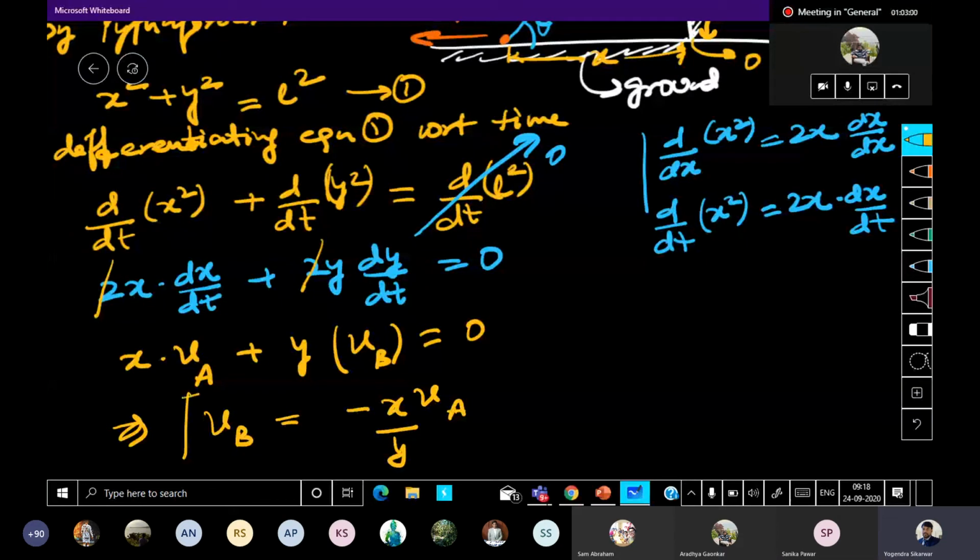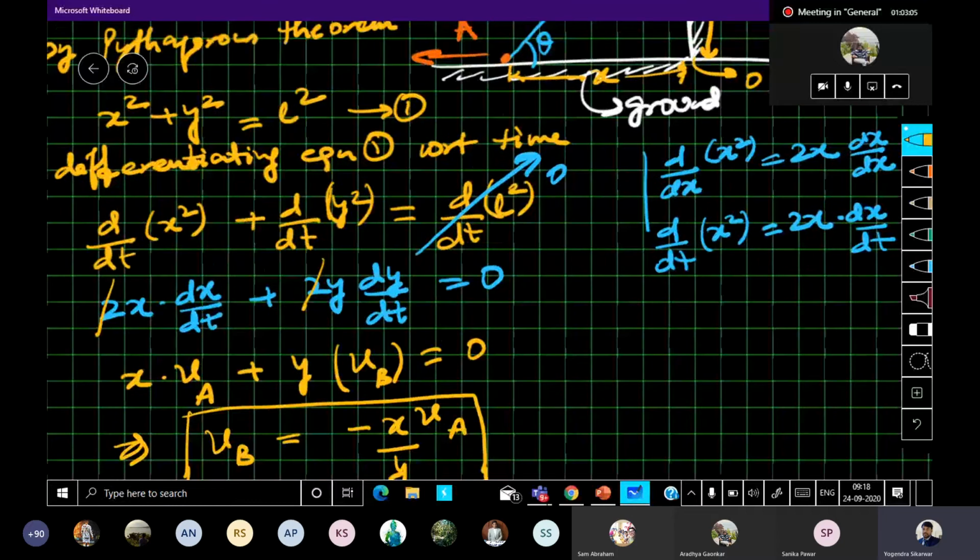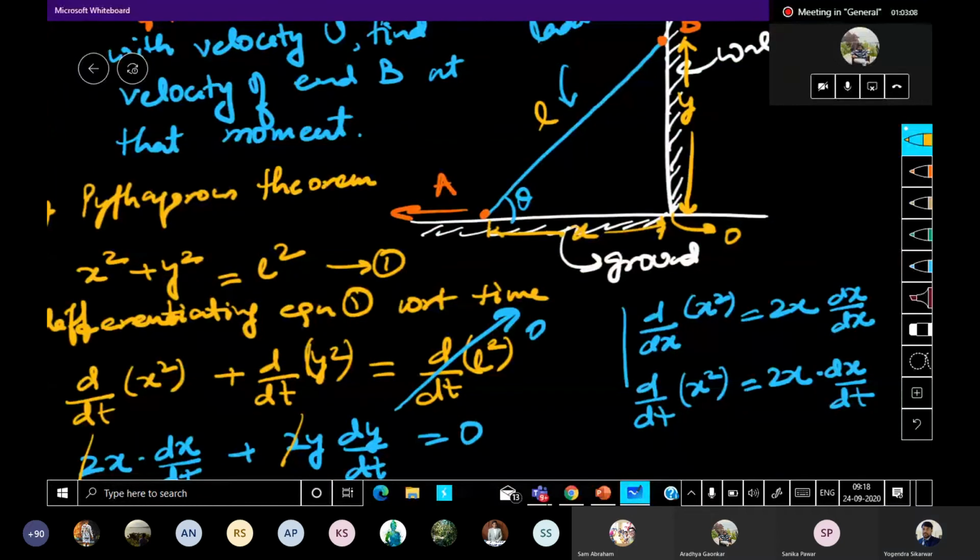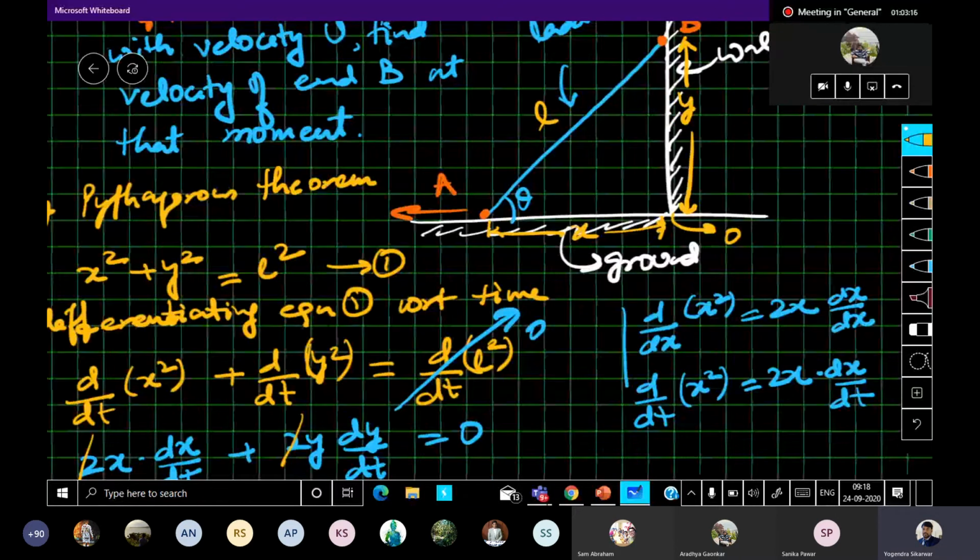Now pay attention everyone, from the diagram, y is perpendicular because it is opposite to theta. So y upon x is tan theta.